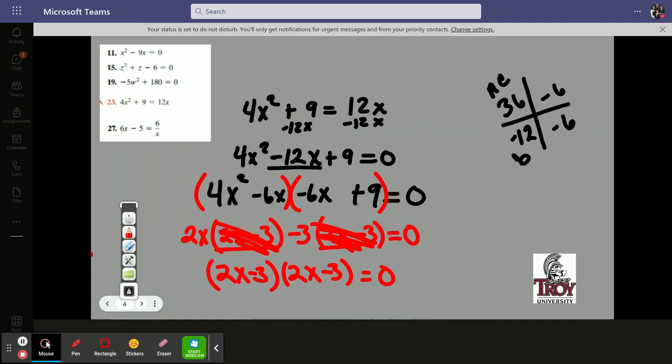Ended up being the same thing. So all I have to do is say 2x minus 3 equals 0. So I'm going to add 3 to both sides. 2x equals 3, and I'm going to divide by 2, and x is equal to 3/2.